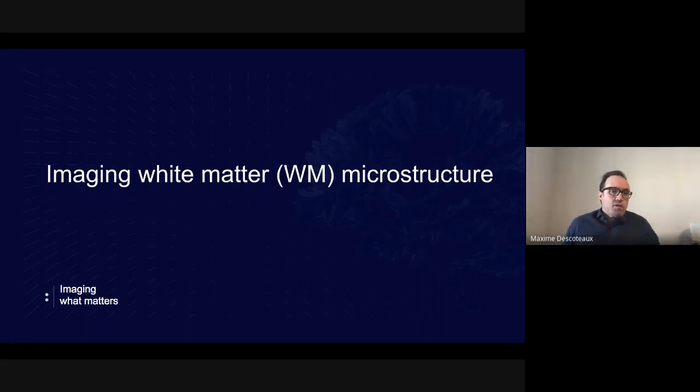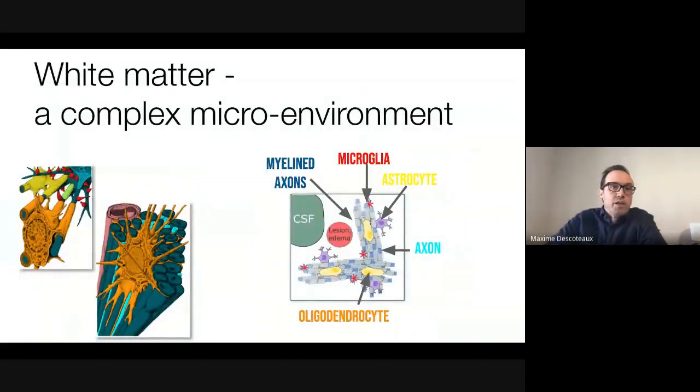So let's start. How do we image white matter microstructure with diffusion MRI? Before I start, I have to bring in some concepts that we will need all through the talk. White matter is a very complex microstructure environment. At the microstructure level, that is a couple of microns big, we have axons surrounded by their myelin sheath.